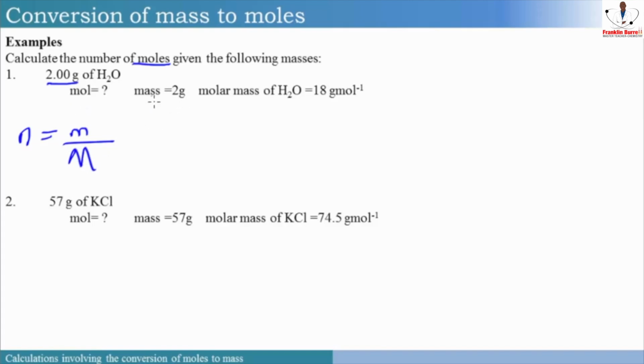What do we have? We have the mass, and the mass is 2 grams. And remember to always work with your units. 2 grams over the molar mass of water, which is 18. Remember, we worked out the molar masses: 16 for the mass of oxygen and 1 for the mass of hydrogen, but we have 2 of them. So it is 16 plus 2, giving us 18 grams per mole. So from that, we can now look at our calculation. We are going to divide 2 by 18.